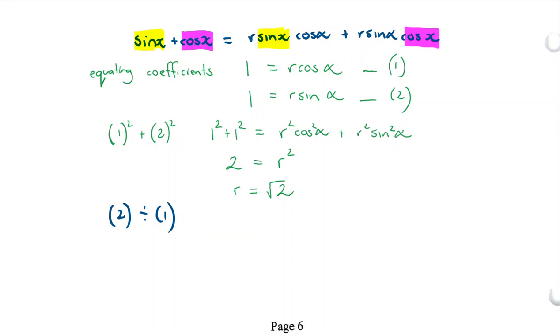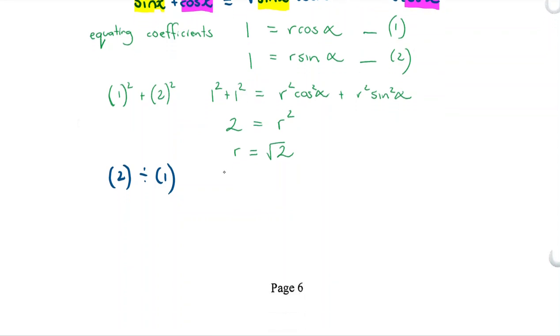So let's write down what we get when we divide those. 1 divided by 1 for the ones that are on the left, and then we have r sine alpha over r cos alpha. So 1 divided by 1 is 1. The r's will cancel out, and sine over cos is tan. So I have tan alpha is equal to 1.